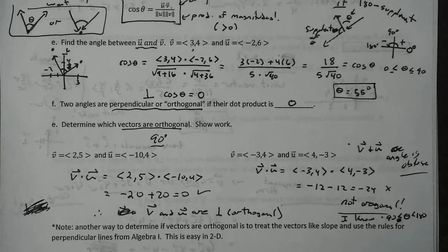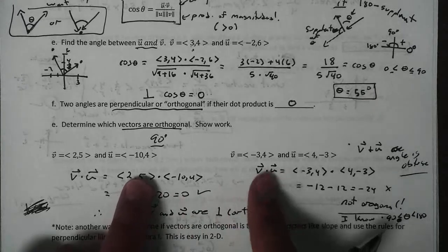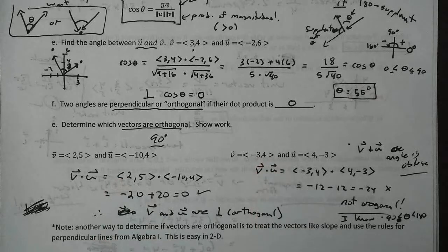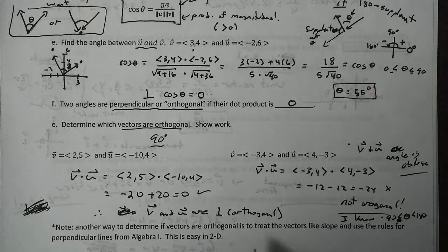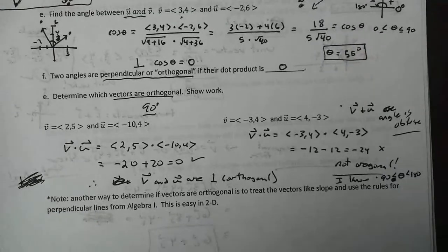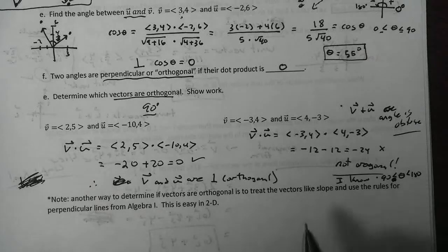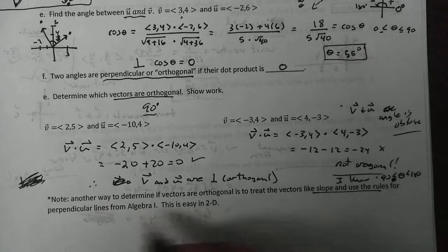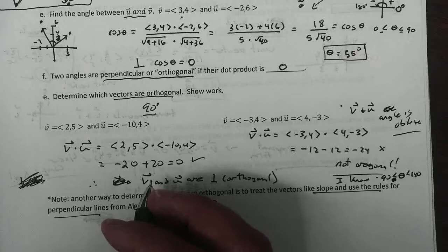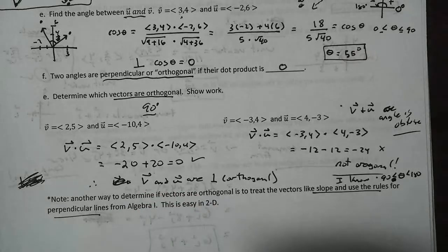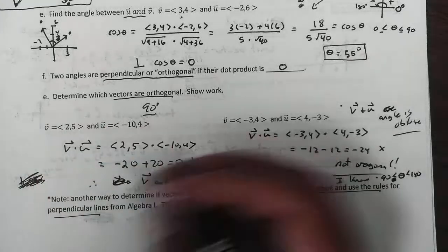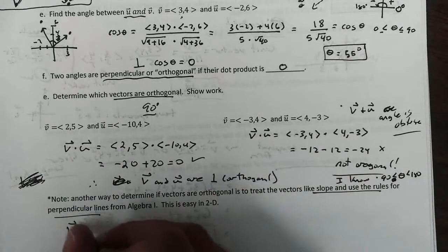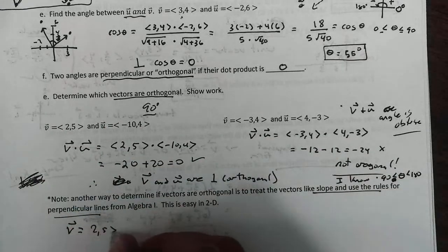All right. Now, a lot of times we can graph these in 2 dimensions, but the problem occurs if this happens in 3 dimensions. So another way we can determine if vectors are orthogonal in 2 dimensions is we can use slope rules for perpendicular lines. Okay, so I can even use my old Algebra 2 stuff, or my geometry. For example, if I look at vector v, it is 2, 5, right?